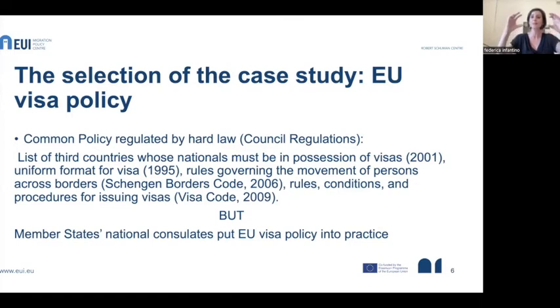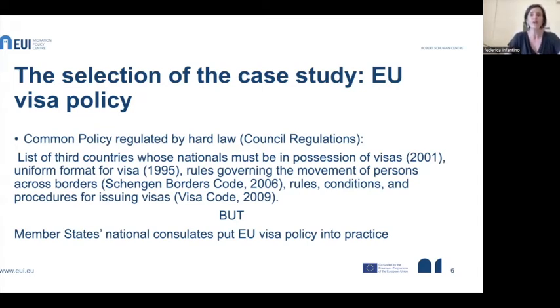So this is the policy on paper. And this is directly the self-executing binding law for all member states. So this is the common policy on paper. But member states' consulates put that law into action. So here is why implementation matters, and why the question of comparing different consulates of different states implementing the same policy.